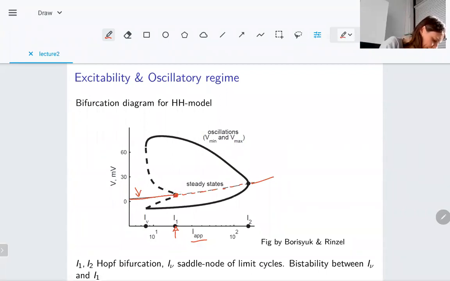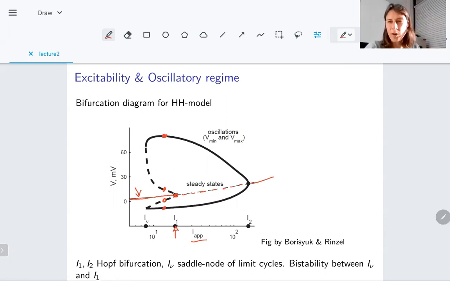This dashed line shows the maximum and the minimum values of the voltage along this periodic orbit, okay? And apart from this, there is another periodic orbit which is stable, for which here we are showing the maximum and the minimum, okay?